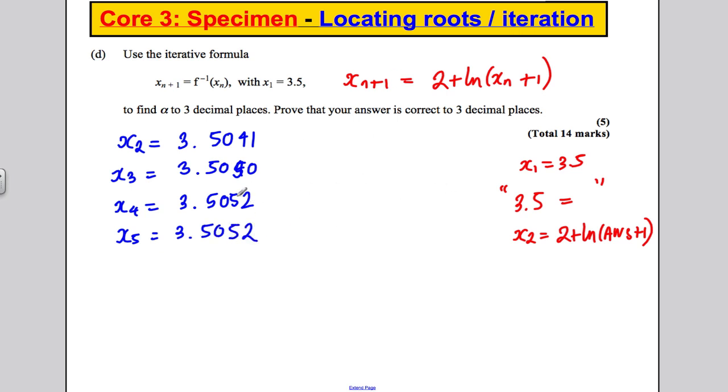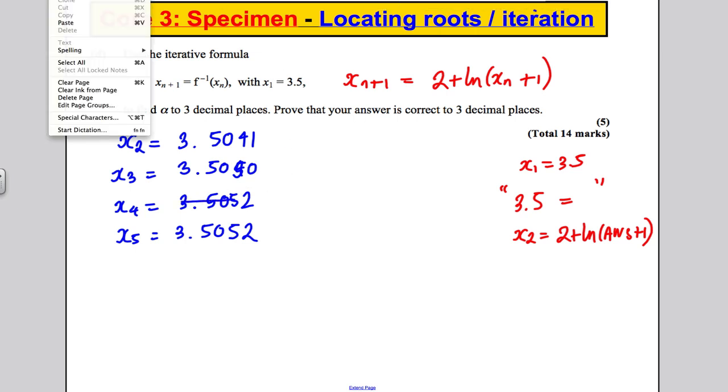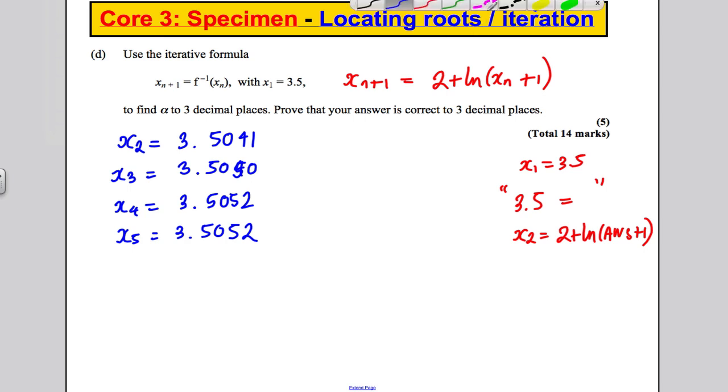So to 3 decimal places, it seems that this is not changing, 3.505 seems correct to 3 decimal places. However, this question is a 5 marker. It's not just find these answers, it's also prove that that is correct to 3 decimal places.